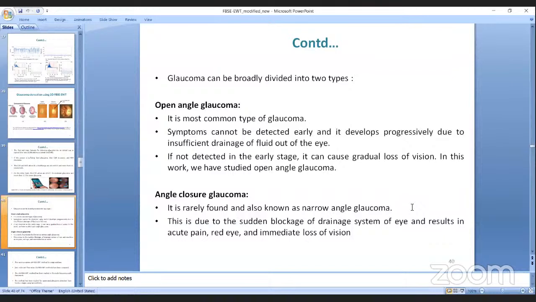In this work, we have studied open angle glaucoma. Angle closure glaucoma is rarely found, and is also known as narrow angle glaucoma. It is due to sudden blockage of the drainage system of the eye, which results in acute pain, a bad eye, and immediate loss of vision. So for this talk, we are focusing on open angle glaucoma.